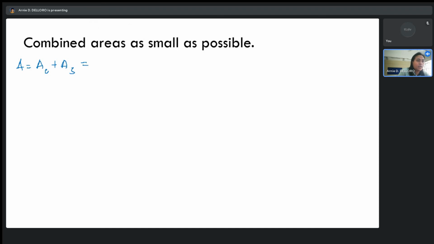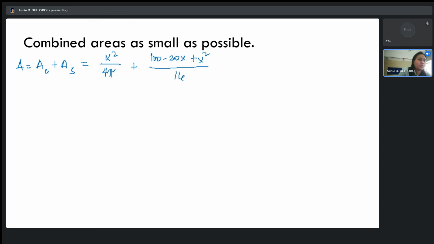Yung area ng circle natin ay x squared over 4 pi plus the area of the square is 100 minus 20x plus x squared all over 16.